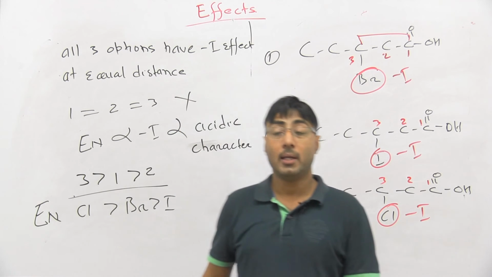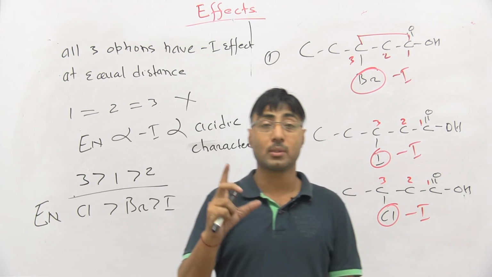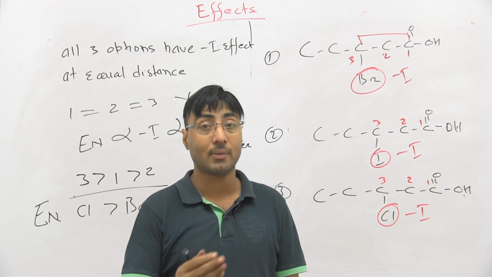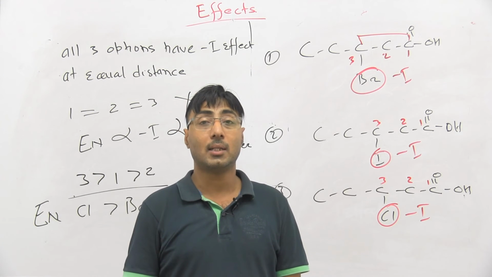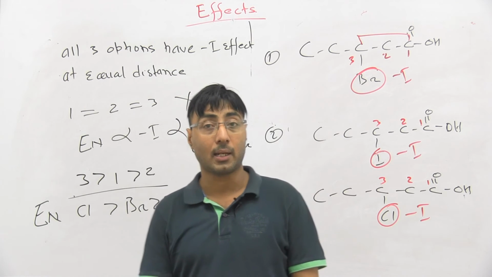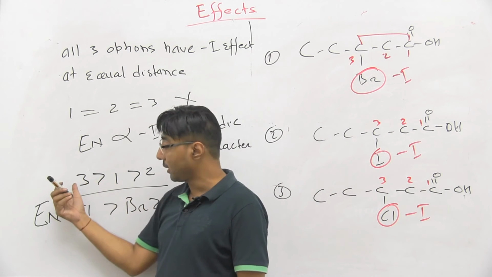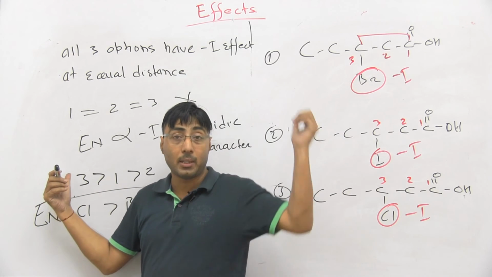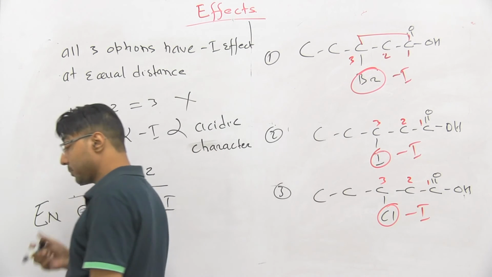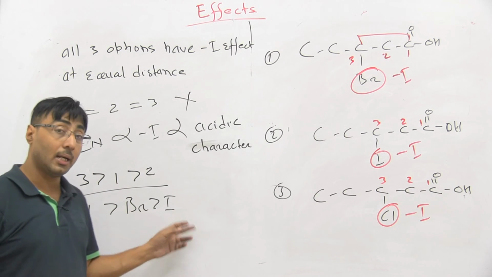Third point, if they have minus I groups attached at the same distance, then how to find the relative strength of the acid and base? The higher the electronegativity, the stronger the acidic character. Keeping this in mind, in this example the third option is the strongest acid and the second option is the weakest acid, because the electronegativity of chlorine is maximum and iodine is minimum.